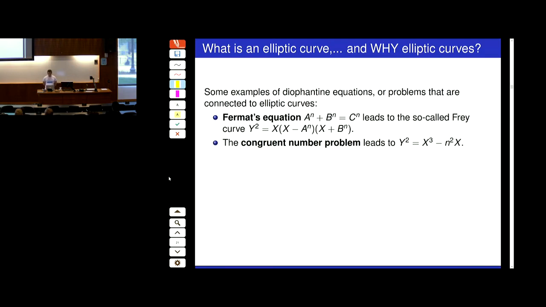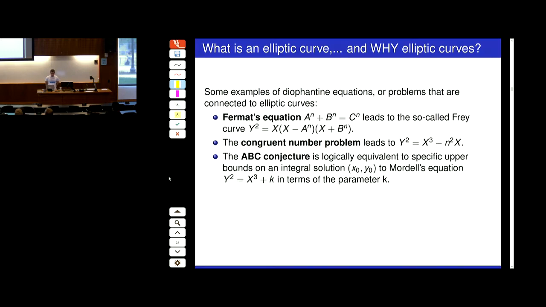I also started the talk today with a reference to the congruent number problem, which leads to finding rational points on a particular elliptic curve of that type. It turns out that the ABC conjecture is logically equivalent to specifying upper bounds on Mordell equations, which are a particular type of elliptic curve.